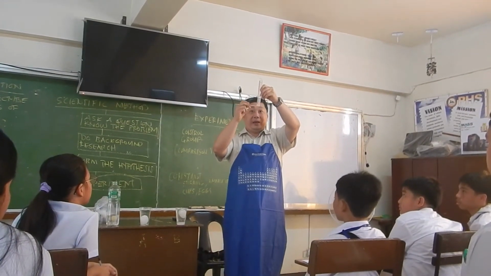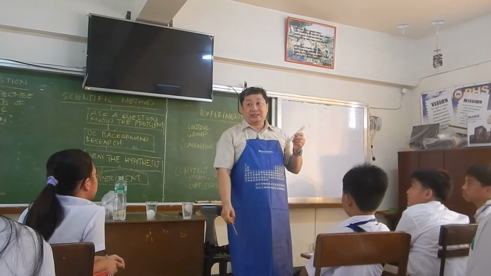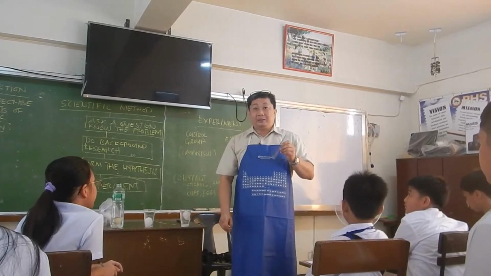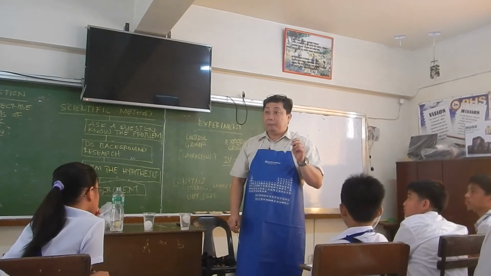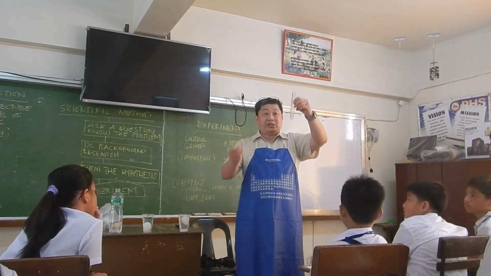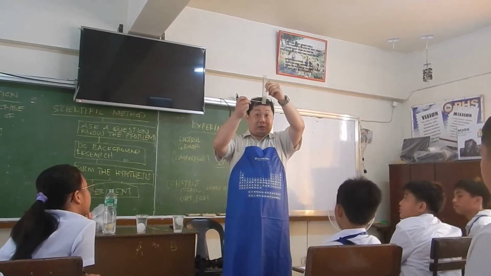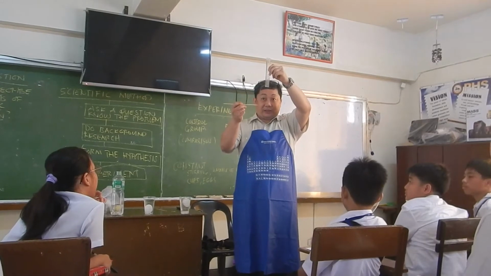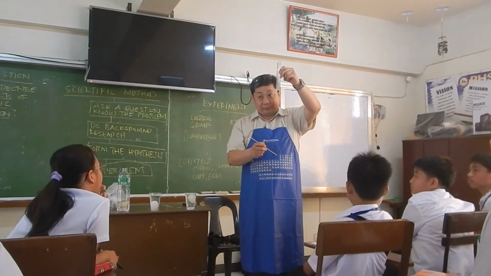If you start measuring from the edge of the ruler, then what we call that is systematic error. That means the measuring device was not used properly. In measuring, you should always begin at 0, not from the edge of the measuring device, as in the case of this ruler.